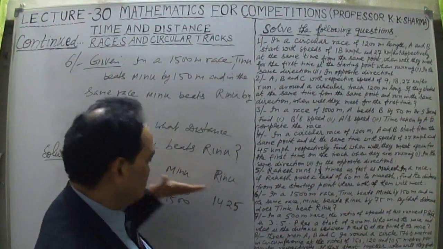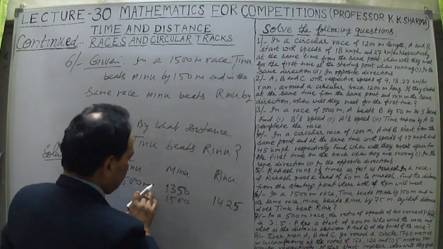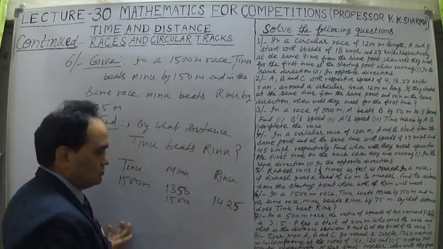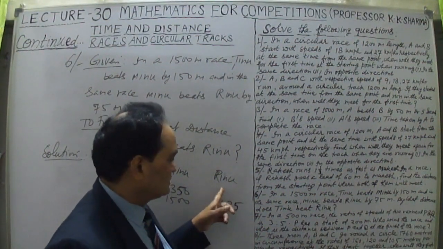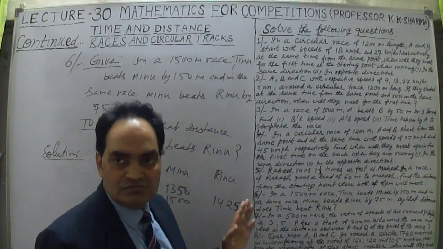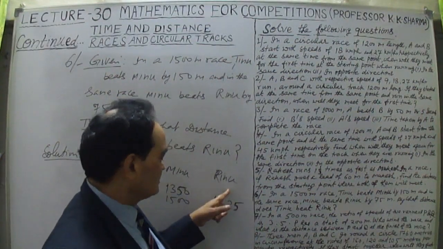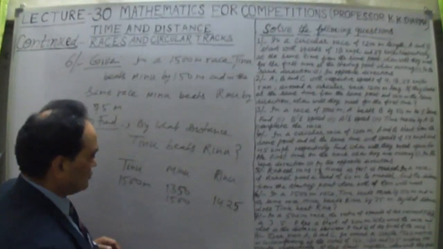We have to find the same ratio. When Tinu runs 1500 meters, Minu runs 1350. So when Minu runs 1350, what distance will Renu run? That distance we have to find out first. When we have calculated that, then the comparison of the three can be made. Now let us solve this question.